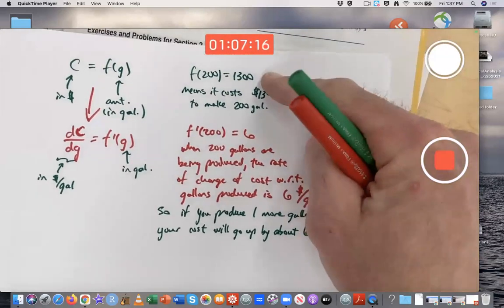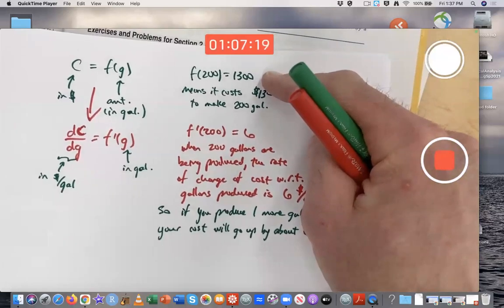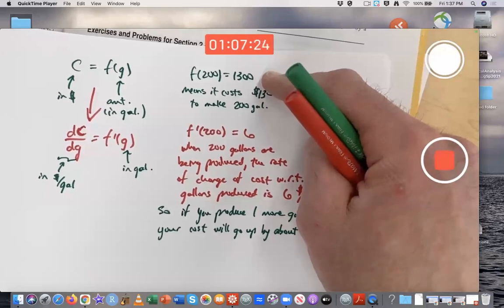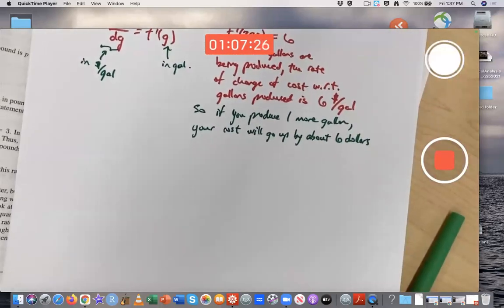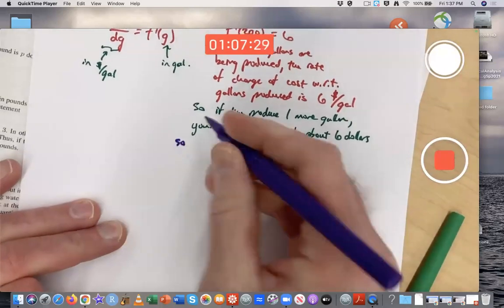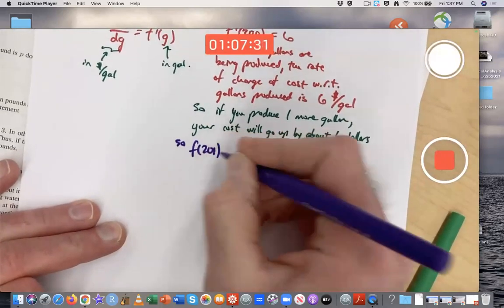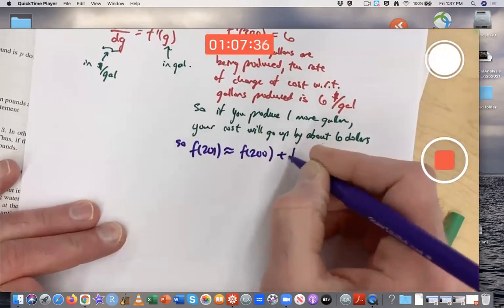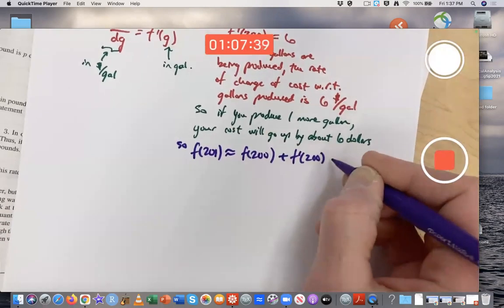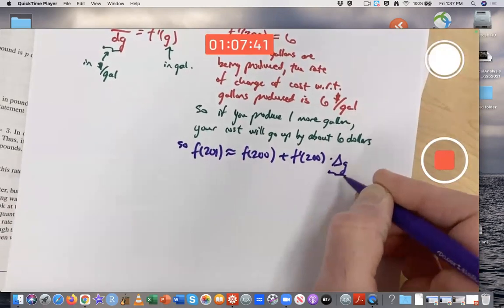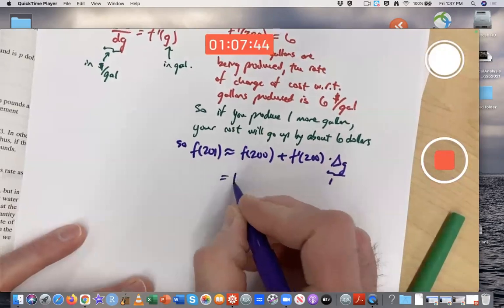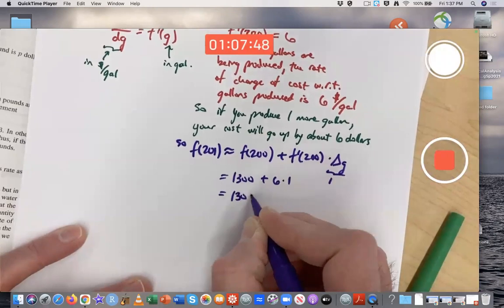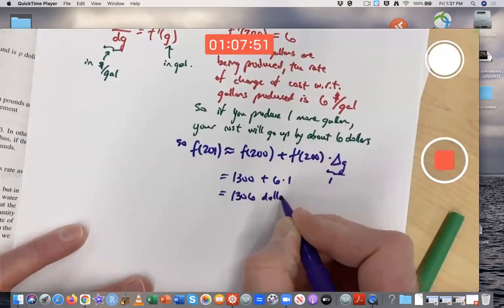It was $1,300 when we produced 200 gallons. So when we produce 201 gallons, we should estimate the cost to be $1,306. So f of 201 is approximately f of 200 plus f prime of 200 times delta G. Delta G is 1. This is 1,300 plus 6 times 1, which is $1,306. It is an approximation.